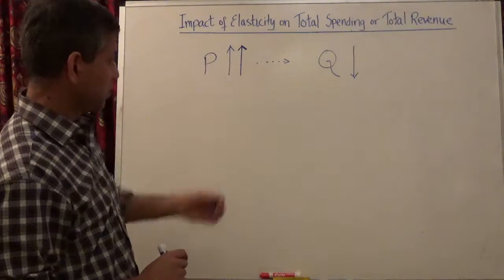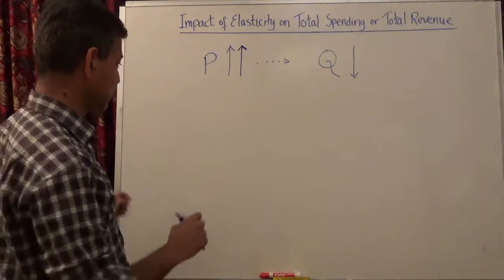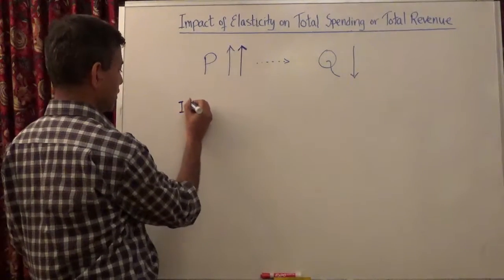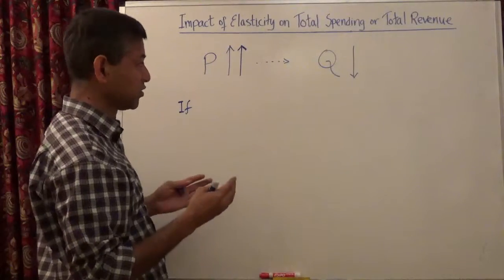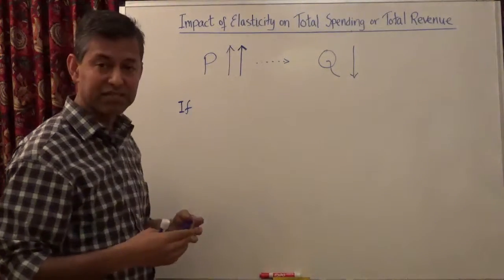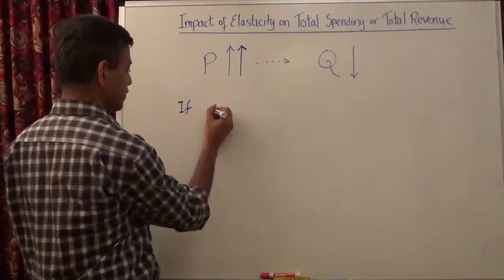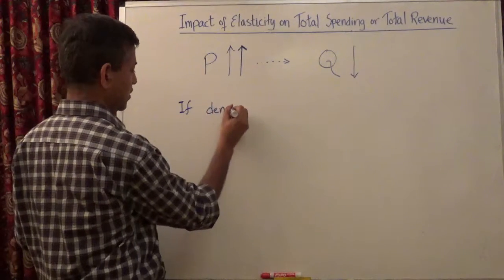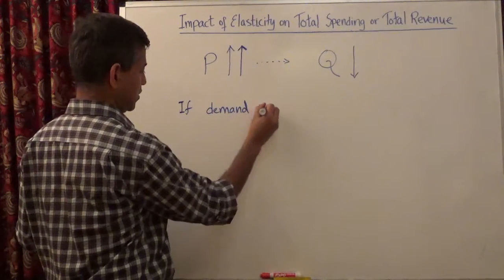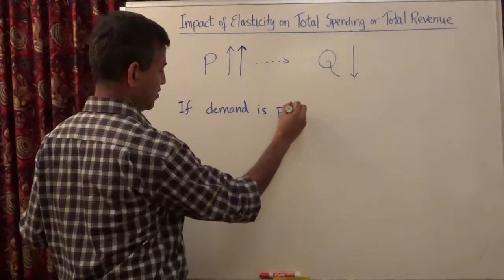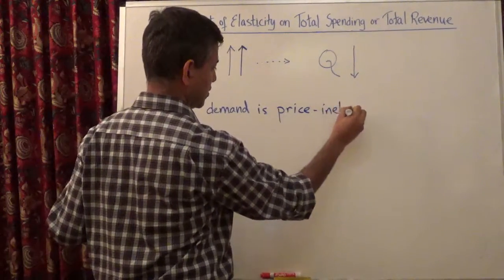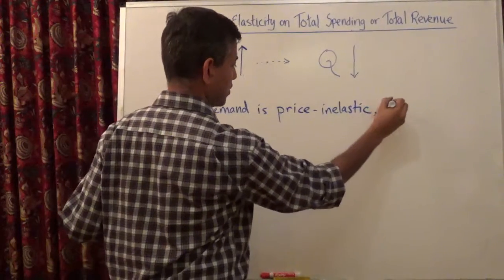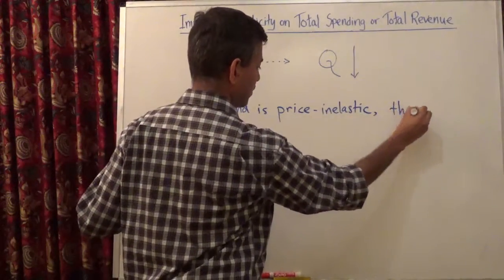If price goes up by two arrows, and if the price elasticity of demand is on the small side, meaning if demand is price inelastic, then what?